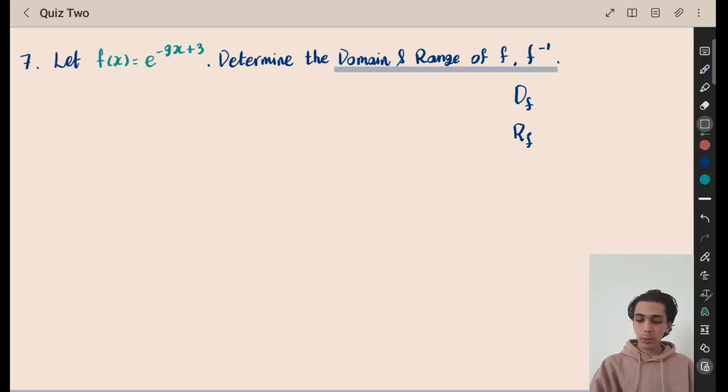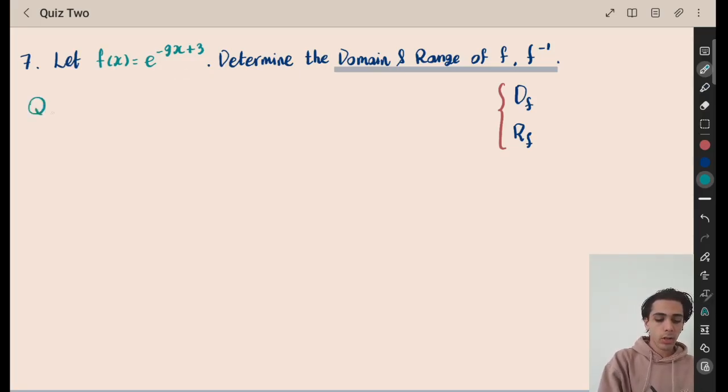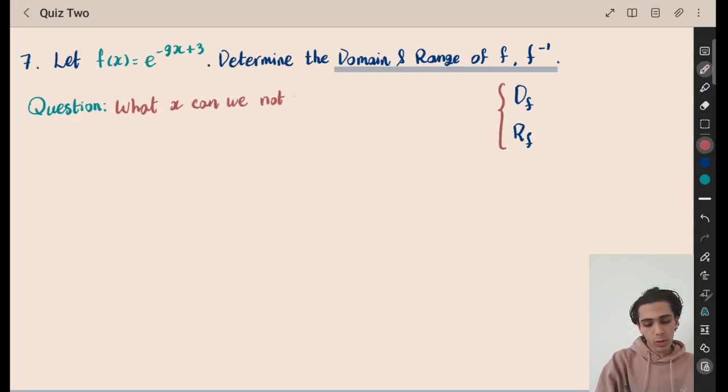And now we would like to find the domain of f and the range of f. Well, as we've discussed, the domain of f is all possible input. With functions like this, they're actually nice. You ask yourself one question, and that is, what values can we not input?